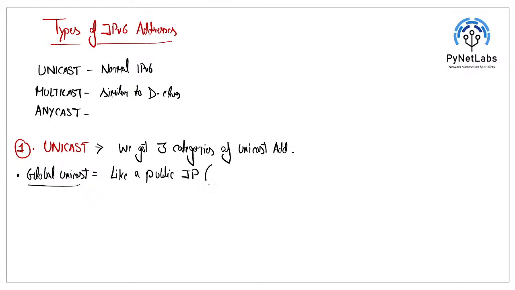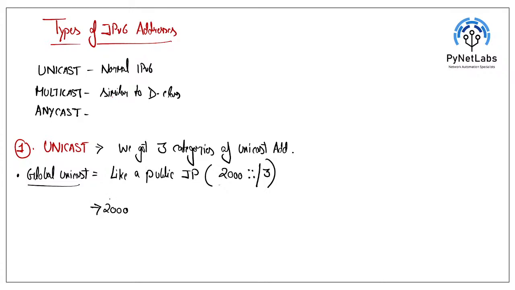Any address which is starting from 2000::/3 is considered a global unicast address. Now here the slash 3 represents that the first three bits will always be 001 by IANA.